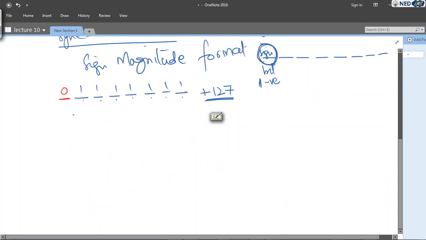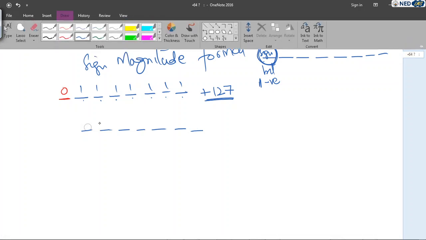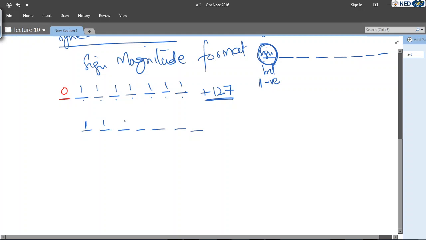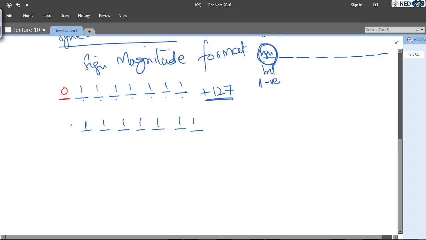Now the minimum number: we can go to the negative side as well. So we draw this again, 1 2 3 4 5 6 7, and make it the maximum value, but instead of a positive number we are talking about a negative number, so we put the sign bit as 1.